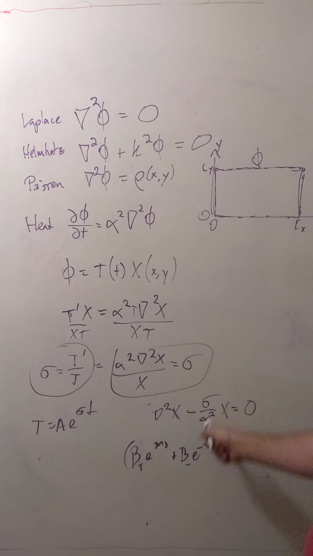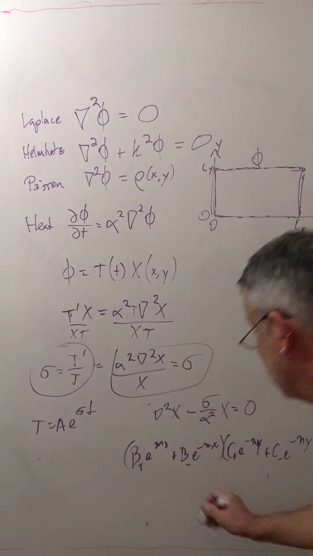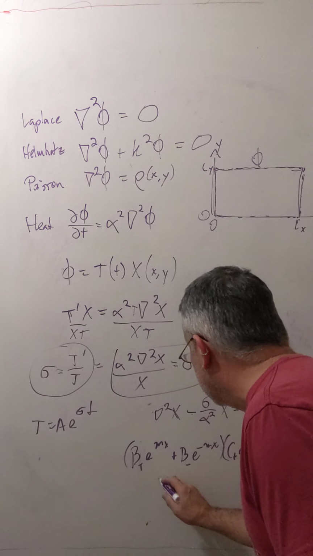That's going to be something that looks like a solution of this equation. And there's going to be a special relationship between m and n and sigma and alpha, and that's going to be where we find out whether sigma is growing or decaying.